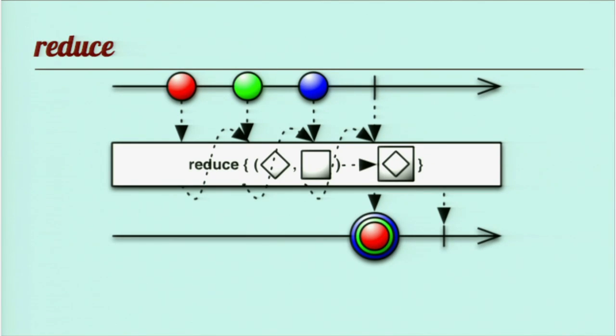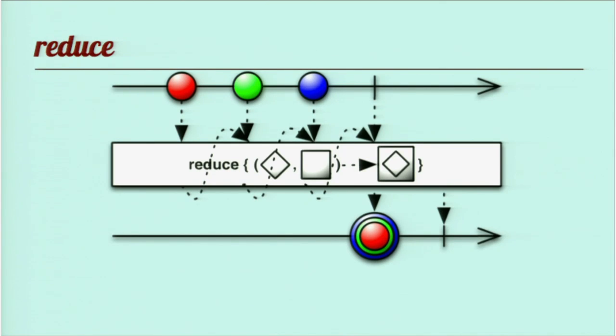And then you have also stuff like reduction, so reduce. The idea of reduce is that it will do a running computation on every item in your input stream. For instance, a running sum. So what it does is take the next element that gets emitted.